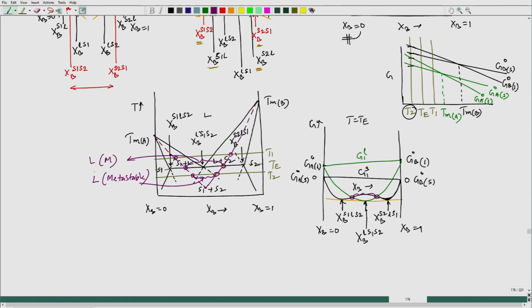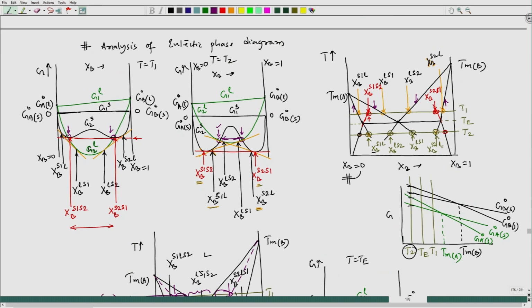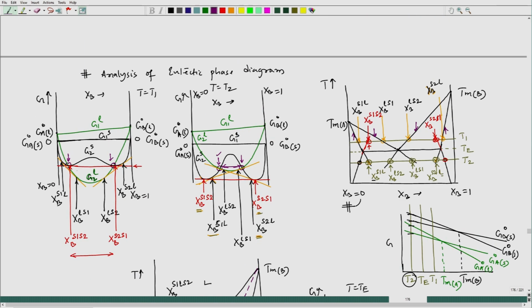Now, if I try to do it between these two, I see here we have stable liquid, but if I try to see this region and this region, let us see what is happening at T 1. This is at T 1 between this and this zone. I see the liquid free energy is higher than the common tangent, that brown tangent, and on the left side also, between these two compositions, the liquid free energy is higher than the common tangent.